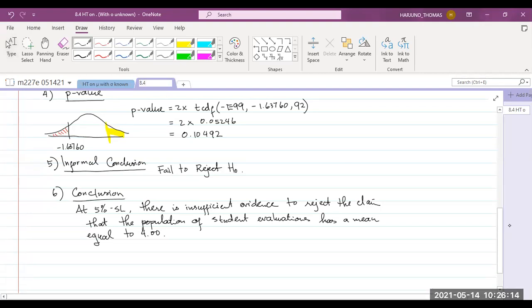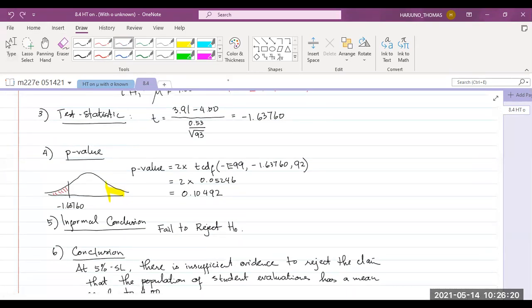Okay, let's do two more things to supplement this. The extra credit part: how to find the critical value. Notice that the critical value is not provided by our calculator.